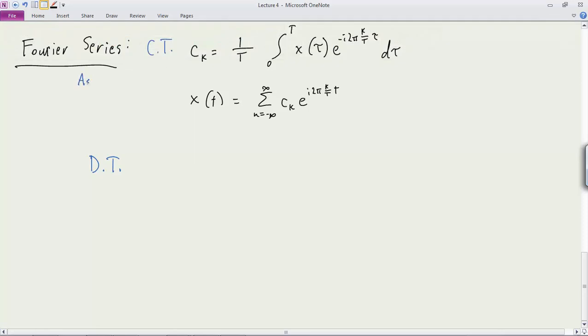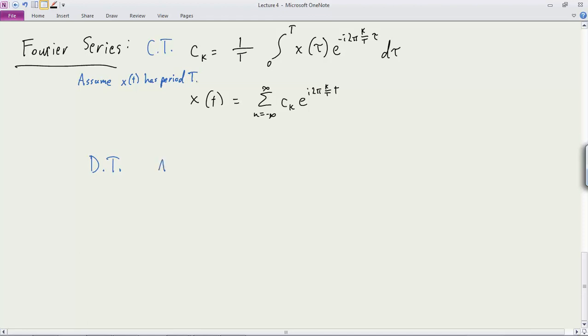We assume we're doing it for periodic signals, or you'll see we could do it for signals of a finite duration. Same thing. So assume that x of t has period T. Okay, then we could use this formula.